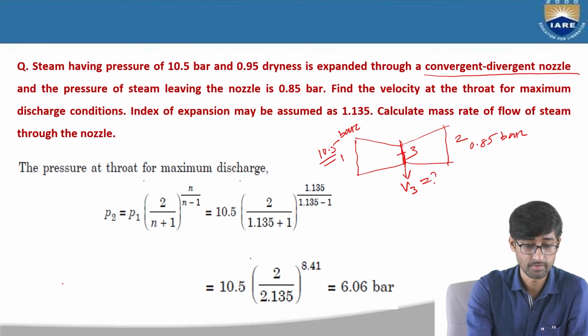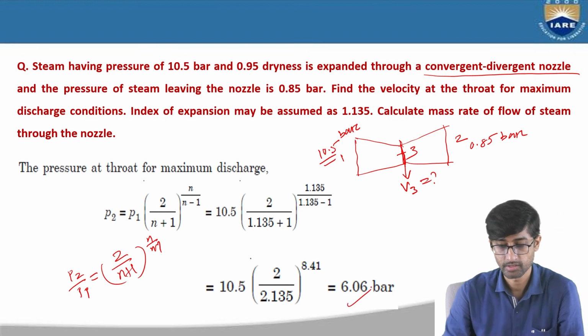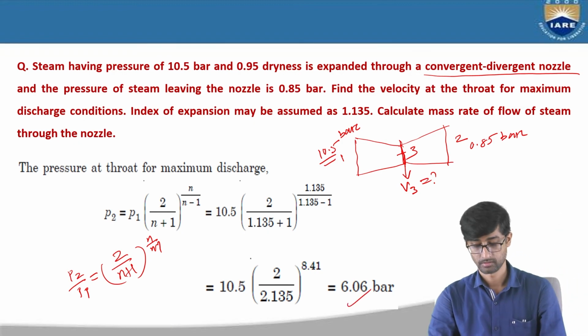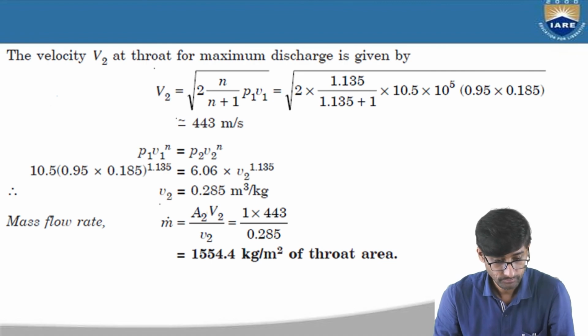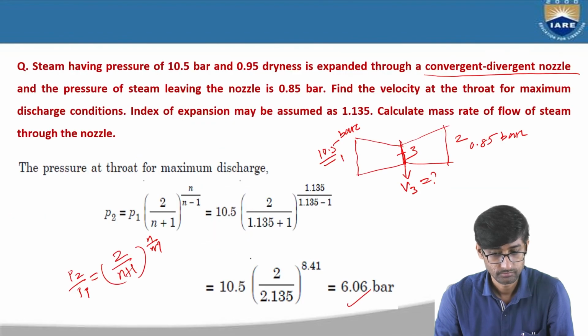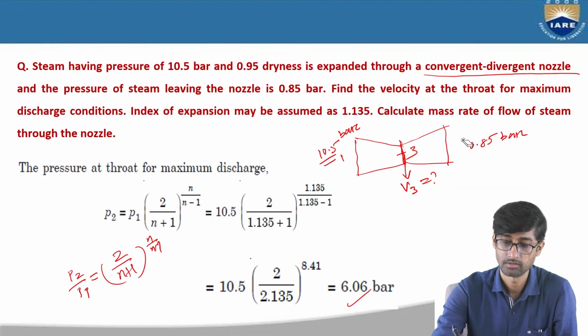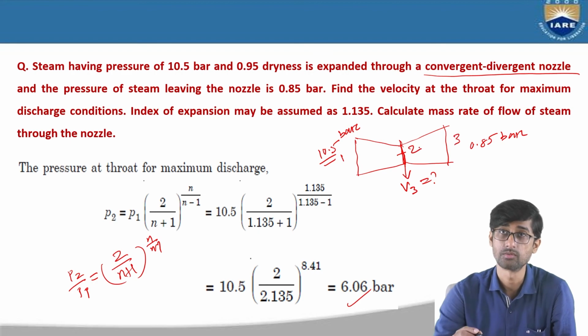We know for maximum discharge, P2 by P1 is equal to (2 by (n plus 1)) to the power n by (n minus 1). From that you calculate what is P2. This is the throat pressure. Sorry, according to the problems, here it is 3 exit velocity and this is the throat at cross section 2.